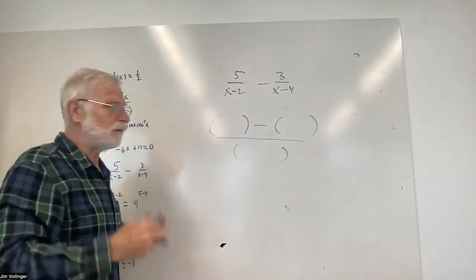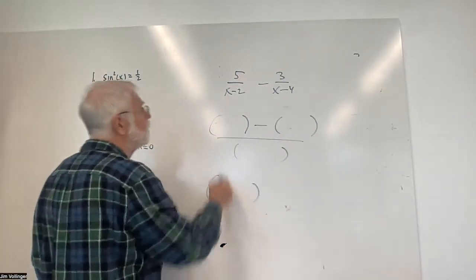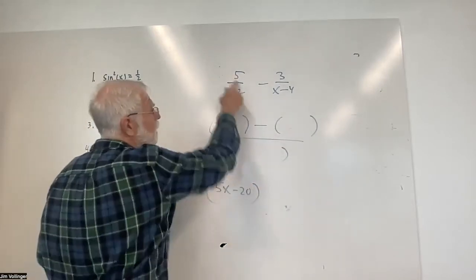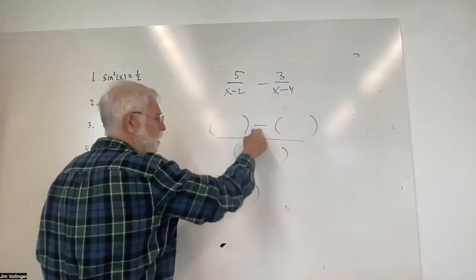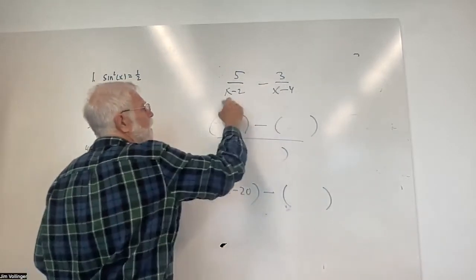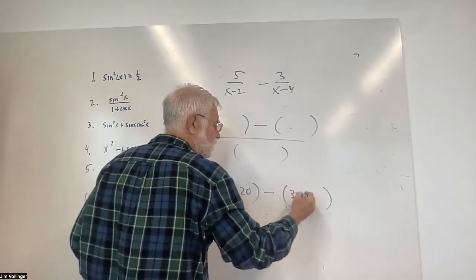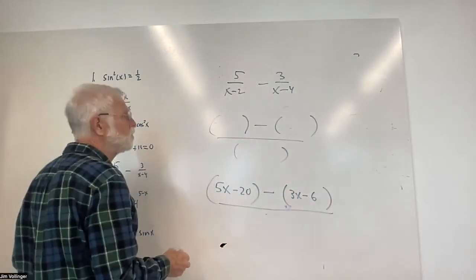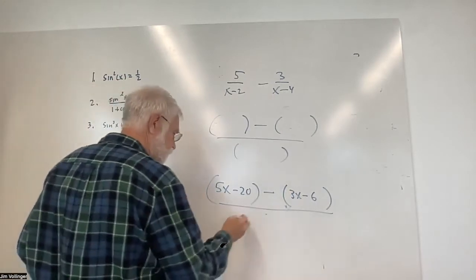And then you fill in the parentheses. Bingo, 5x minus 20, 5 times x minus 4. Minus, bingo, 3 times x minus 2, 3x minus 6. Bongo, x minus 2 times x minus 4.